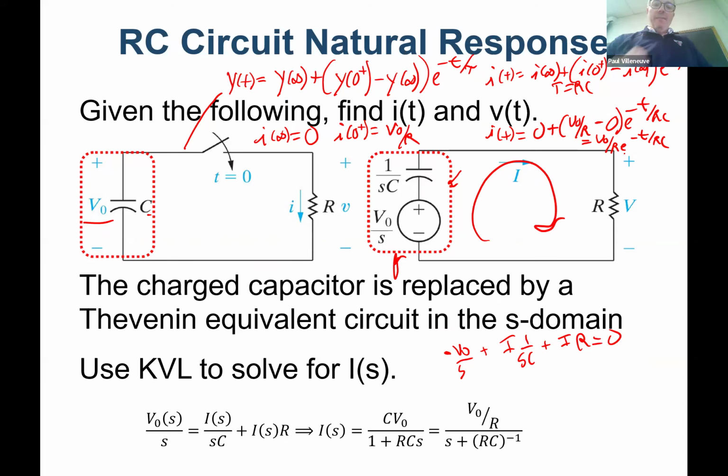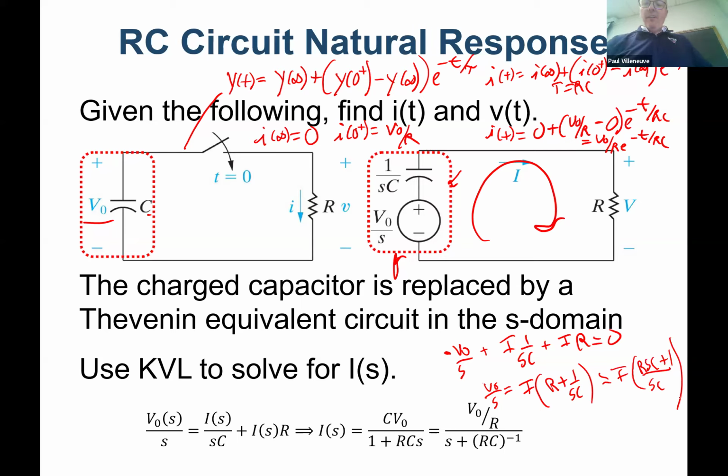So now I can see that V naught over S is going to be equal to I times R plus 1 over SC. Everybody okay with that? I'm going to solve for I, but first, let me put this under a common denominator. So that's RSC plus 1 all over SC.